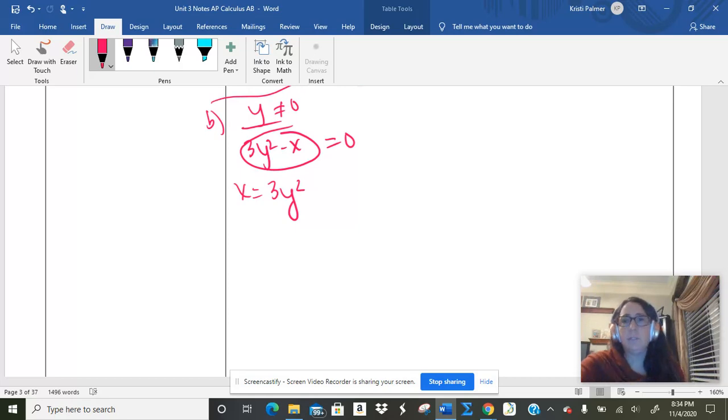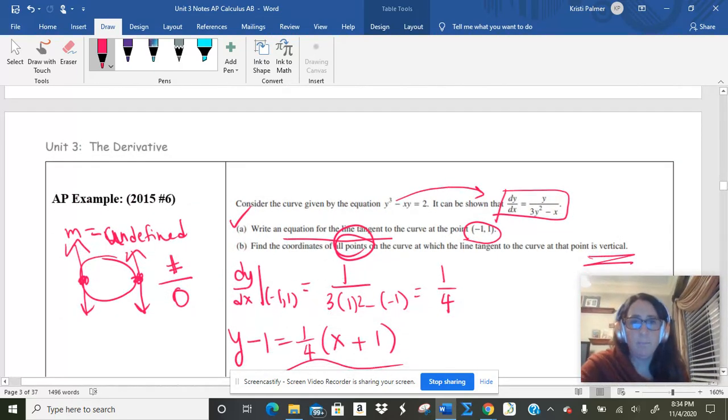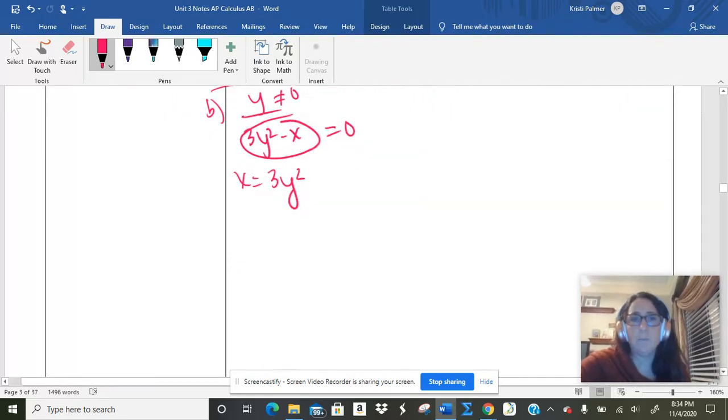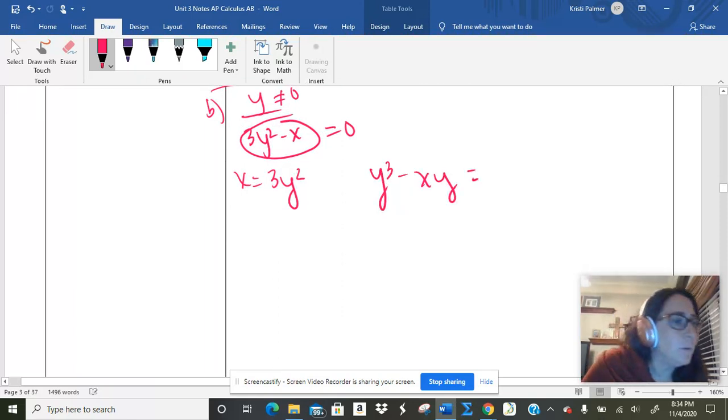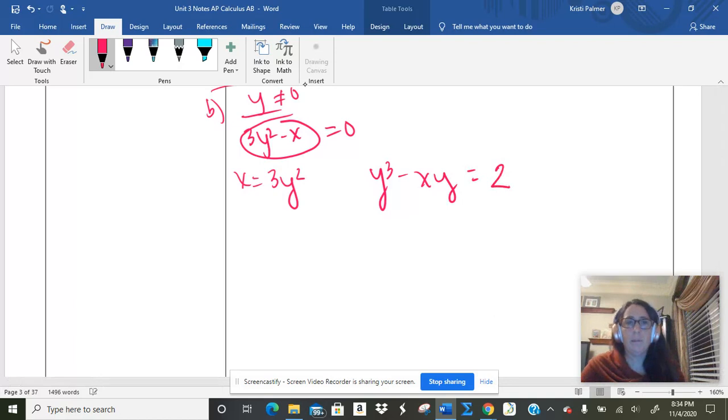So now I have to use this information that they gave me, the y cubed minus xy equals, what was it, 2? And everywhere I see an x, I'm going to plug in 3y squared.